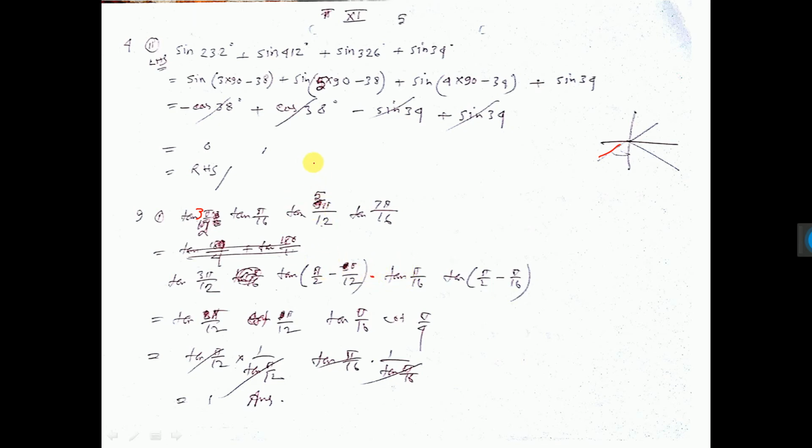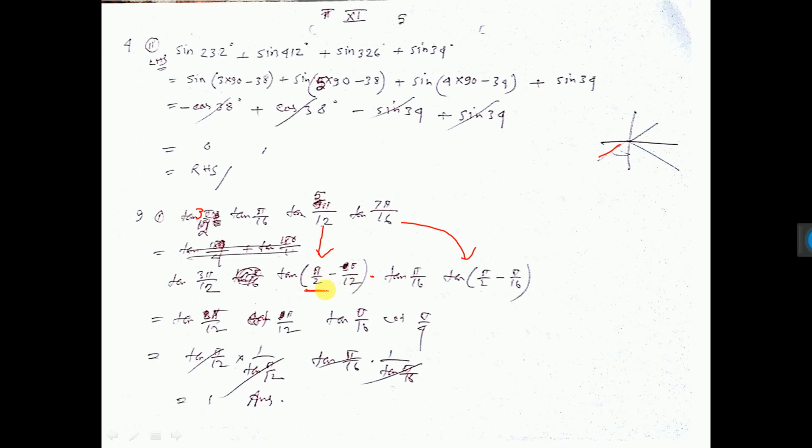Now 5 pi by 12 we can write as pi by 2 minus pi by 12. So it is coming 6 pi minus pi, that is 5 pi by 12, this one here. And this one can be written as pi by 2 minus, you see here, 8 pi minus pi, that is 7 pi by 16. So this one 1 into 90, pi means 180, so it is 90.